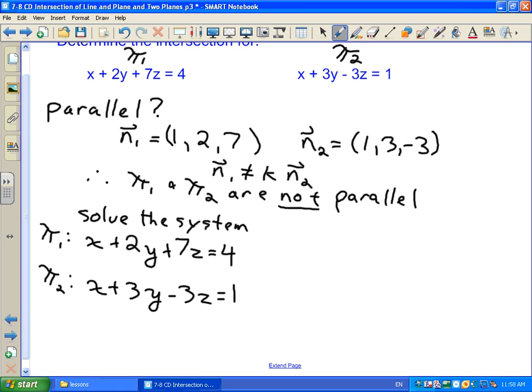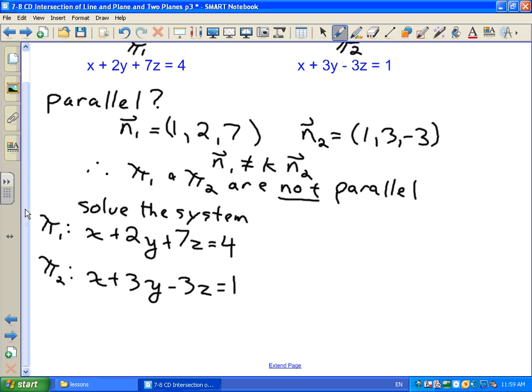Now what we have is a system of 2 equations and 3 unknowns. So we're not going to be able to get a unique solution for x, y, and z. What it means to solve this is we know our solution is going to be a line. So what we're after is to find the parametric equation of the line of intersection.